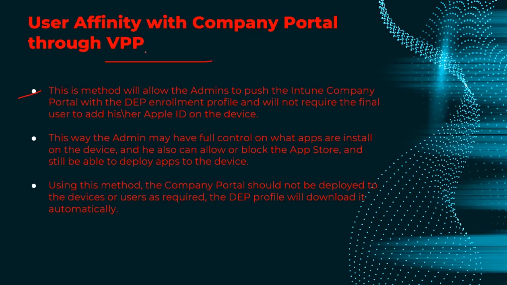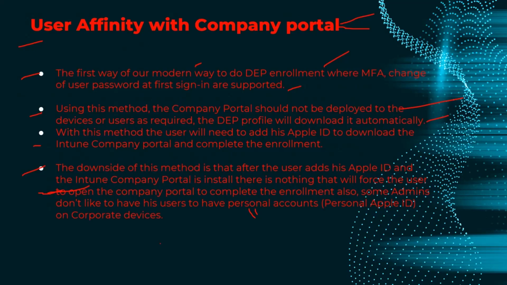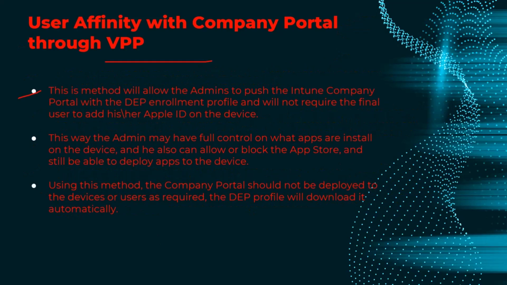Now, see, this mode and the mode before this, these two are exactly the same. The only difference is, in the previous one, for the company portal application to come down and install, the end user will have to sign into the app store in the device, right, with his Apple ID. However, in this one, he doesn't have to do it because the application is coming via VPP.